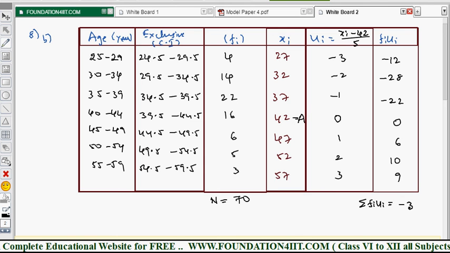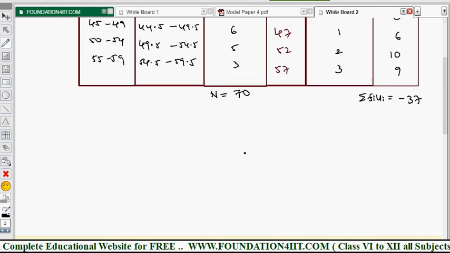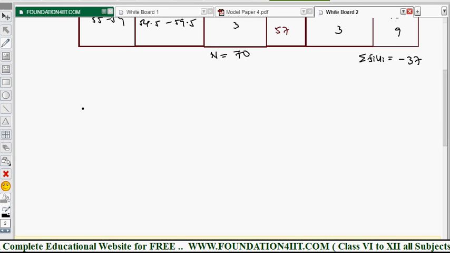So you get minus 37 as the total. The assumed mean is 42, which I have already taken. Now we'll use the formula for the mean by the step deviation method.